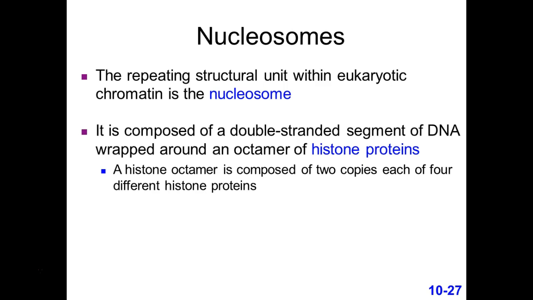So the octamer is composed of 2 copies of 4 different histone proteins. So we make 4 different histone proteins. We stick 2 of each one, right? So 2 times 4 gives us the 8.